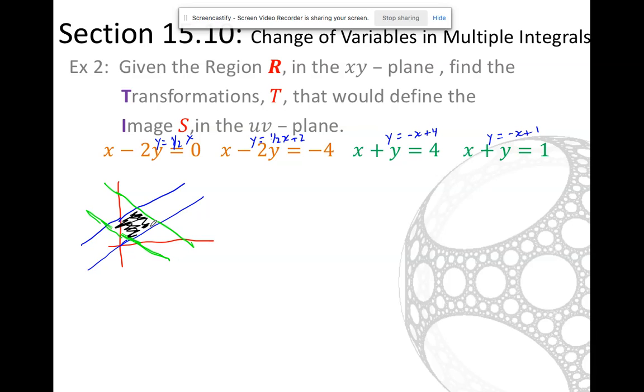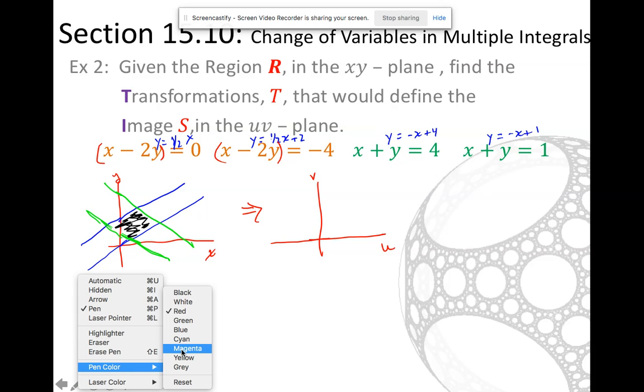I really would like them to be vertical and horizontal. So what transformations can I create to take these lines in the xy plane into the uv plane? So this one's not so bad because I don't have to do any rearranging. Can you see that? What if I define x minus 2y to be u?